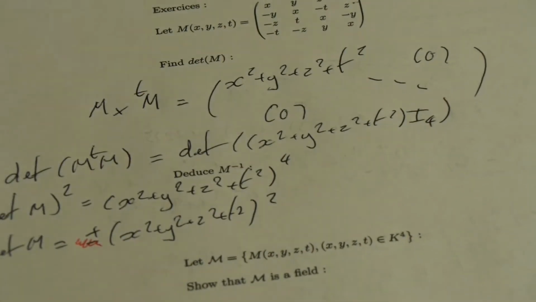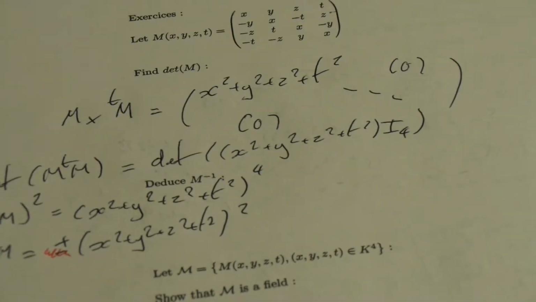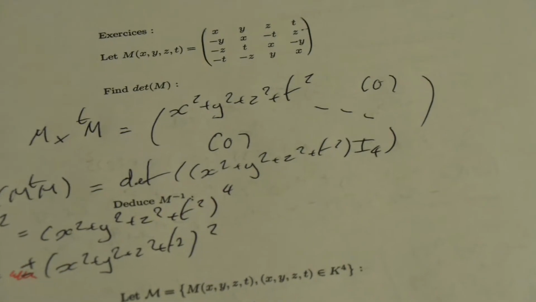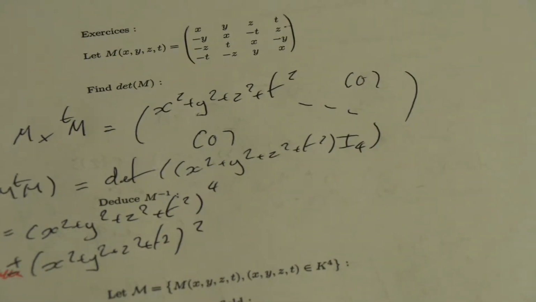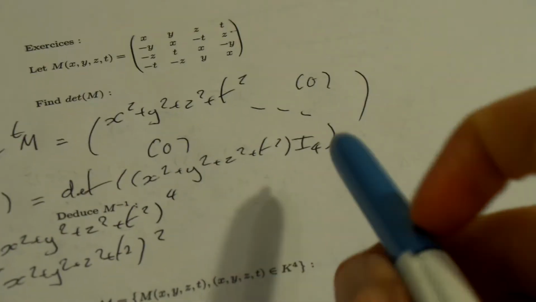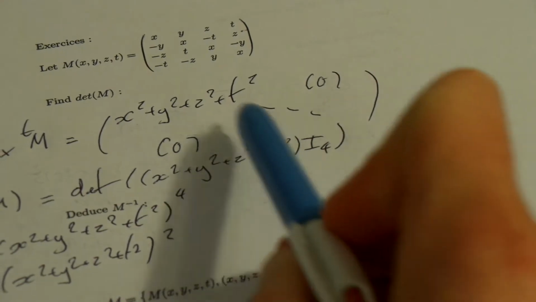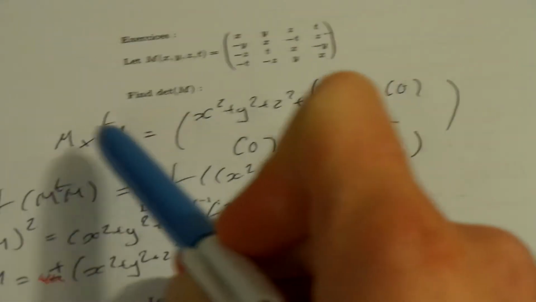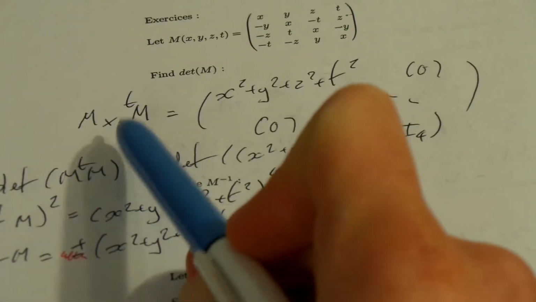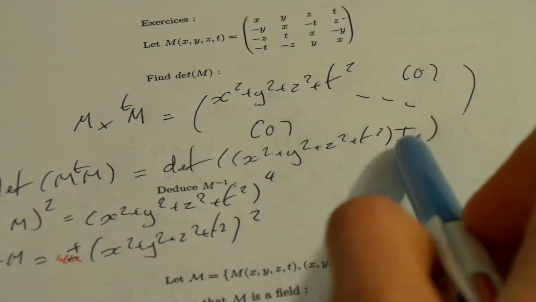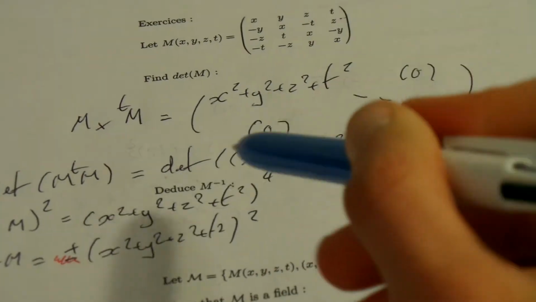So to deduce m to the minus 1, what we can do is therefore use this identity here again, that m times transpose of m is almost identity of size 4 with a factor close.